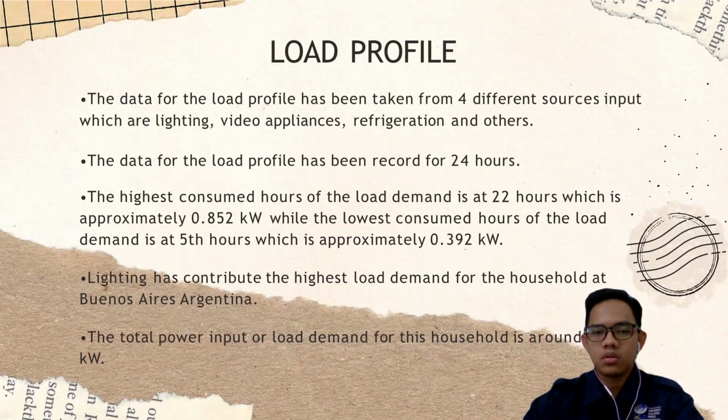The highest consumed hour for the load demand is at 22 hours, which is 0.852 kilowatt, while the lowest consumed is at the 5th hour, which is approximately 0.392 kilowatt. Lighting has contributed the highest load demand for households in Buenos Aires, Argentina. The total power input or load demand for this household is around 13.188 kilowatt hour.